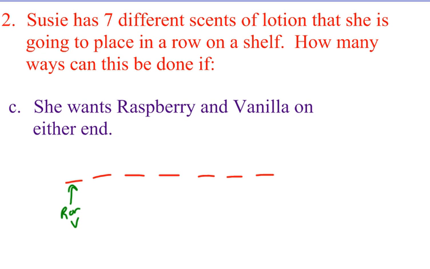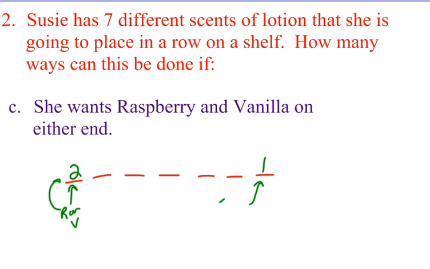How many choices do I have for that spot? I have 2 choices. Now, since they have to be on either end, if I put the raspberry or the vanilla in this spot, how many choices do I have for the last spot? Just 1. It has to be the one I didn't choose between raspberry and vanilla.